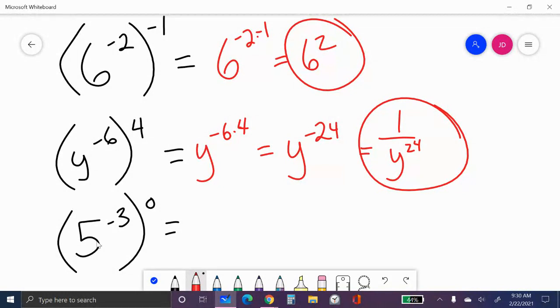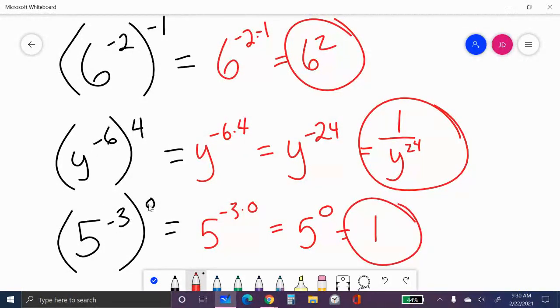And then the last one, 5 to the negative 3 times 0. What's negative 3 times 0? It is 0. Anything to the 0 power is? You got it. 1.